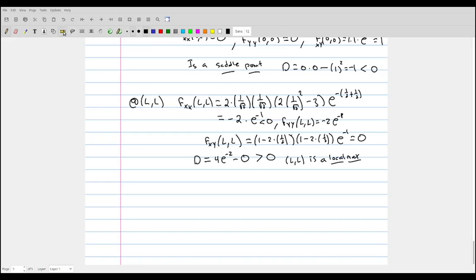Now, to keep track of all this, a lot of times if you have multiple critical points, you want to make a table and just write down these computations in the table itself. So you make a column in the table for the critical points.